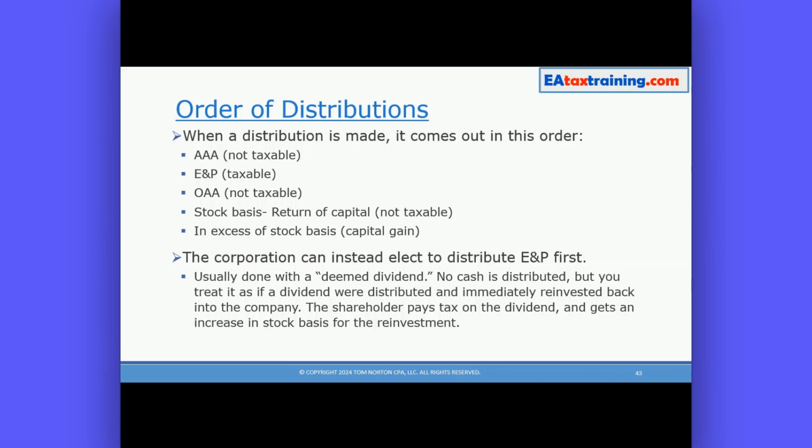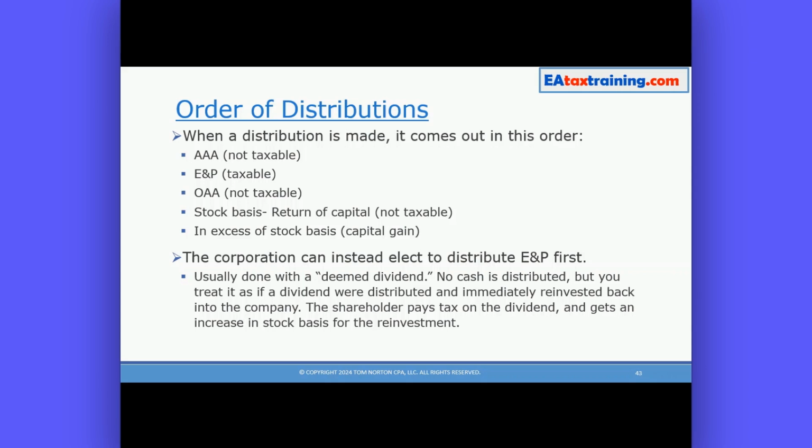So you don't actually have to move any funds back and forth. You just say we're doing a deemed distribution. We're going to say we distributed to you X amount of money, and you turned around and reinvested that same X amount of money back into the company.